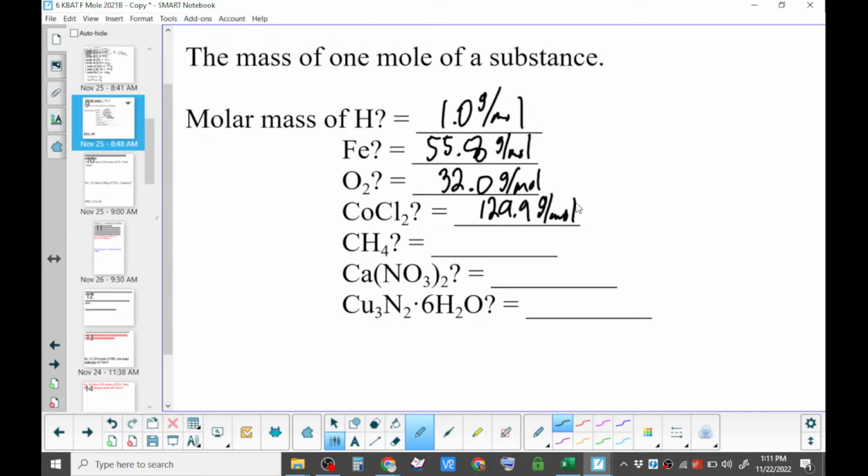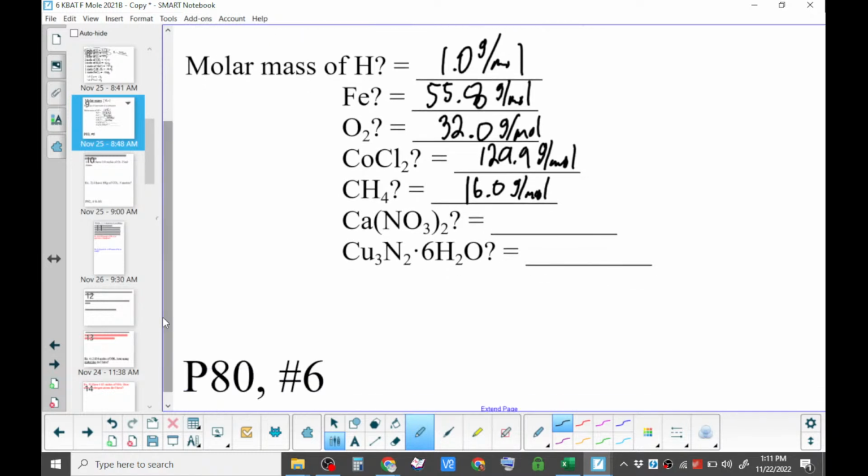CH4. Milan. Exactly the same density as a gas as a single molecule of oxygen.